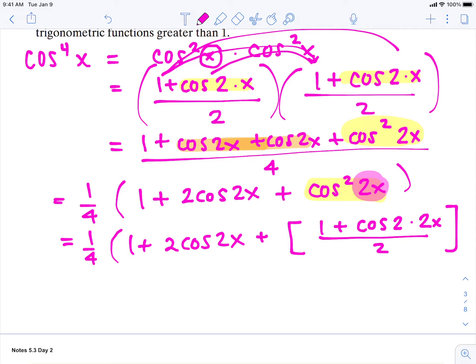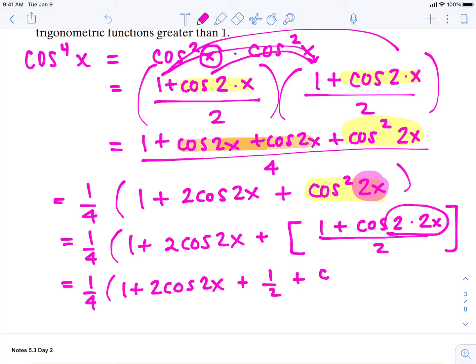So we have another fraction. So I'm just going to leave this 1/4. 1 plus 2 cosine 2x. And now I have to separate that fraction. So I'm going to get 1/2 plus cosine 2 times 2x is 4x over 2.